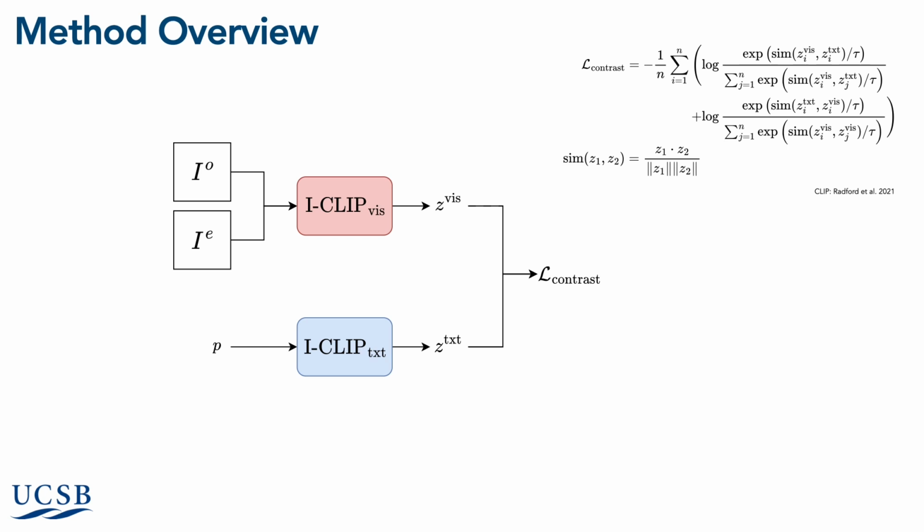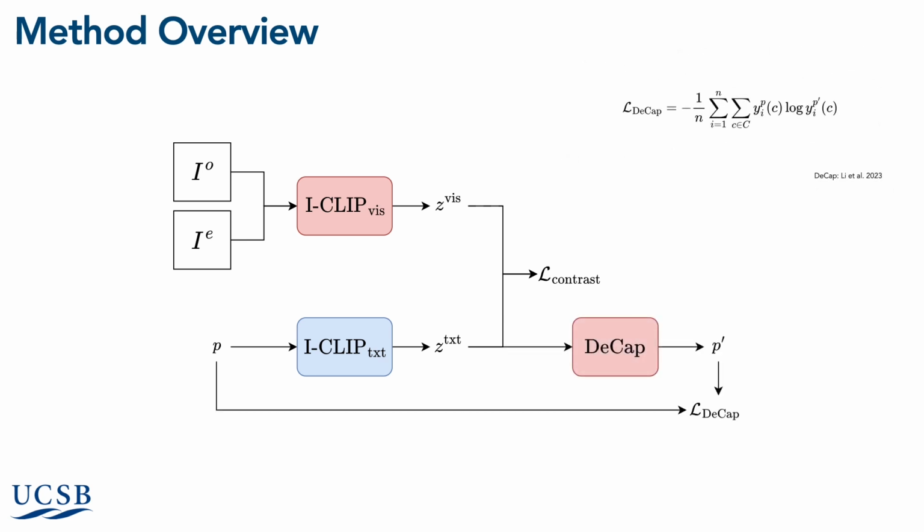To convert iCLIP embeddings into more accurate edit instructions, we adopt the DeCap approach by using a decoder to translate embeddings into text, which is trained to reconstruct P from Z_Text, avoiding mismatches during training. At inference time, our goal is to decode Z_VIZ into an instruction that faithfully describes the image visual difference.